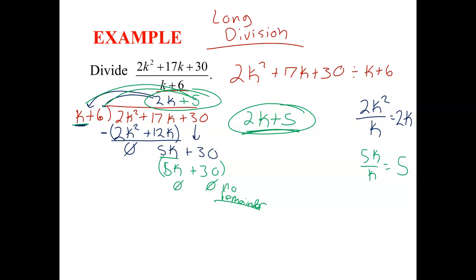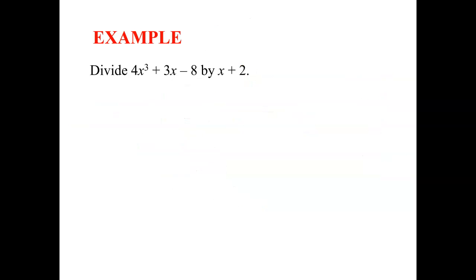Not all of our division problems can be solved with synthetic division, but long division is something that you can do with all of them. The process for both of these is important because they have very different roles. Long division is a good catch-all. Synthetic division plays into some other features with polynomials later.